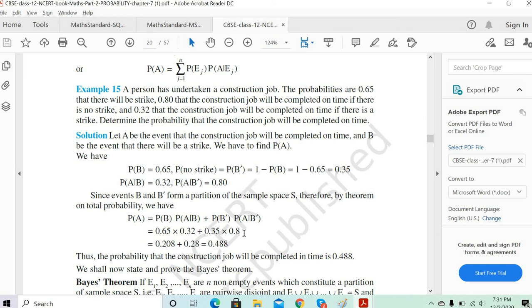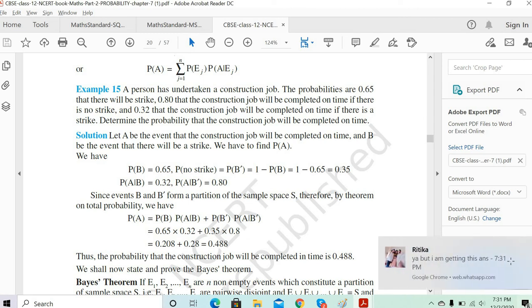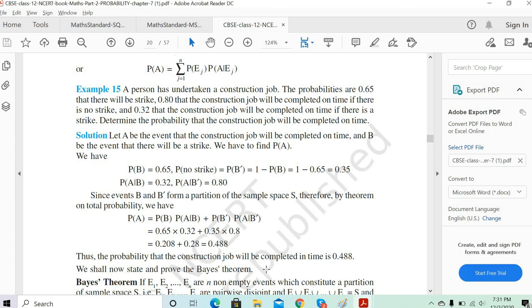So if the probability of strike is 0.65, and the probability of the job being completed with strike is 0.32, so P of A given B is 0.32 and P of B is 0.65. So P of no strike is 0.35.